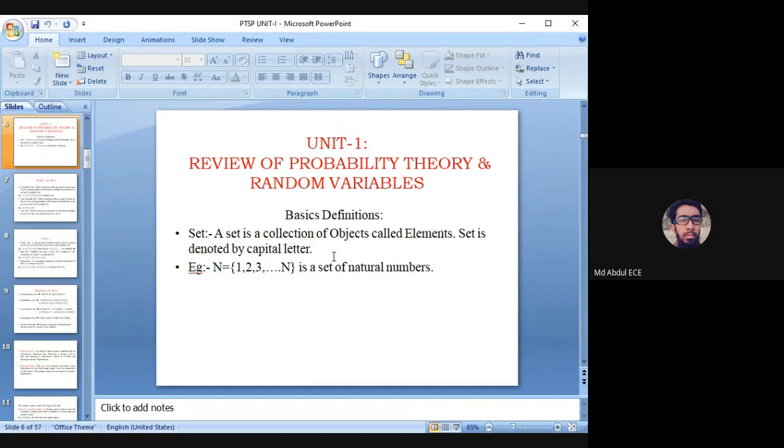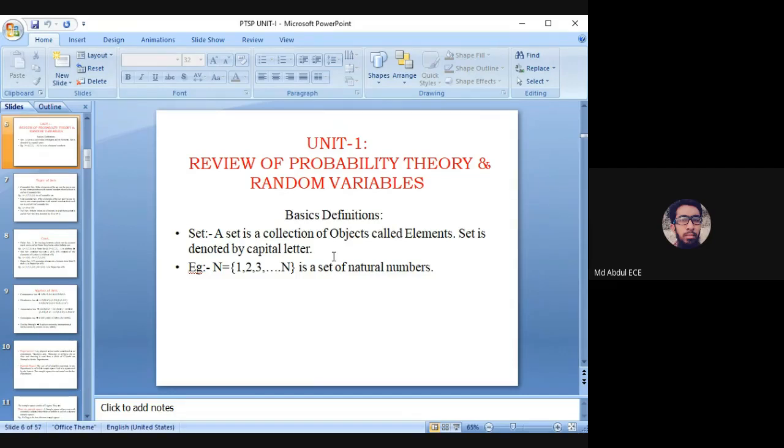Before we enter into probability theory, I would like to compare this course with our childhood learning. When we started our childhood learning, first we started with alphabets, then we framed words, then sentences, then paragraphs, and then we started writing essays, right?